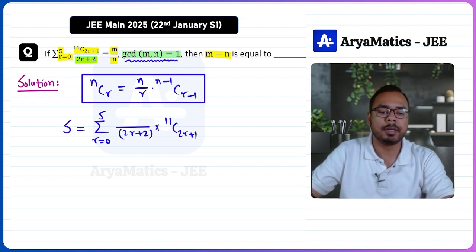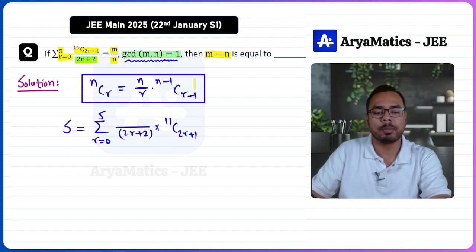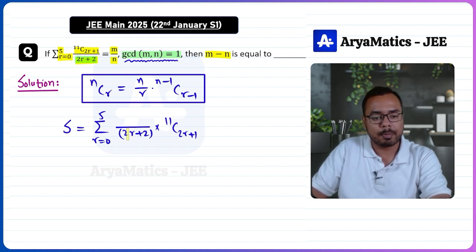Now, if you see this previous property, we are going to use the property from right to left. That means this right-hand side will convert into this form nCr, and then we can use the standard result. So basically, we want to combine this 2r plus 2 in the denominator with this 11C(2r+1), and we can create a single nCr from here.